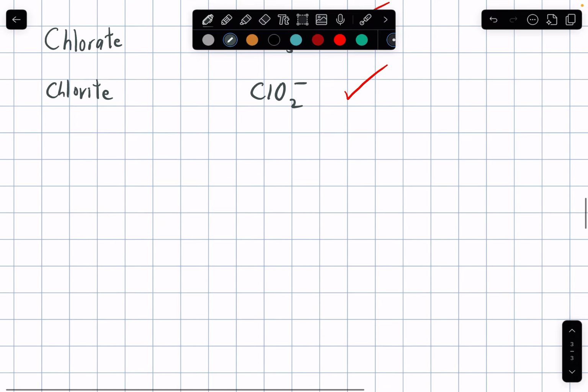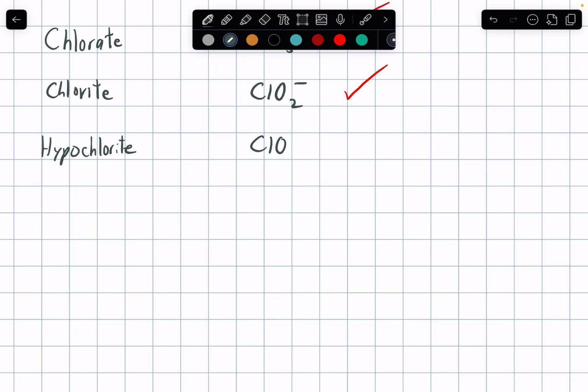How about hypochlorite? So is it going to be like that? I'm not sure. I'm ready to face the answer. Okay, hypochlorite is just ClO minus.